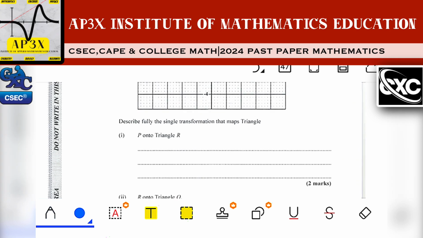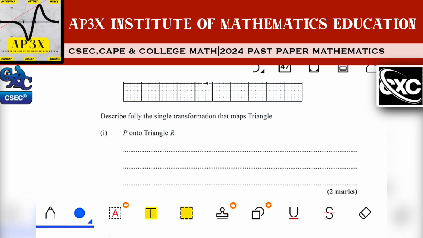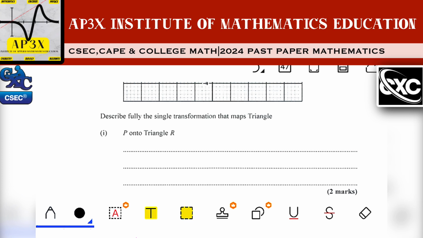So when you're describing a translation, guys, remember to write not only that it's a translation, but you must state the vector that translated it. So we simply write then that P maps onto R describes a translation by the vector. Ensure that you guys write it like this.